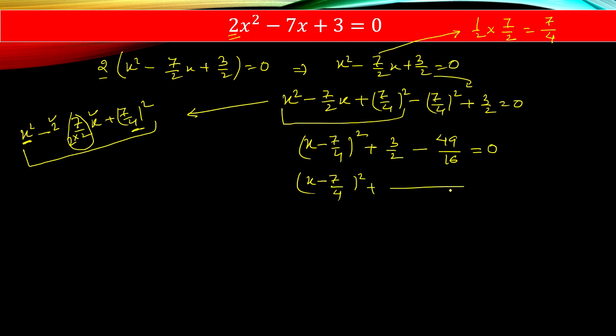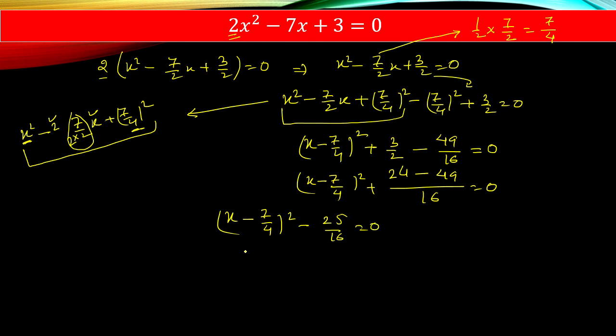If we take the LCM of the denominators, we find 16 is the LCM, and now the numerators become 24 minus 49 is equal to 0. So this is x minus 7 by 4 the whole square, and now 24 minus 49 is minus 25 by 16. So here we have minus 25 by 16 is equal to 0.